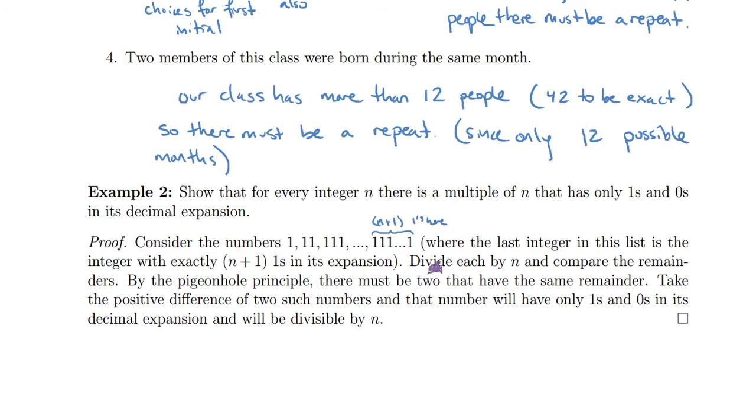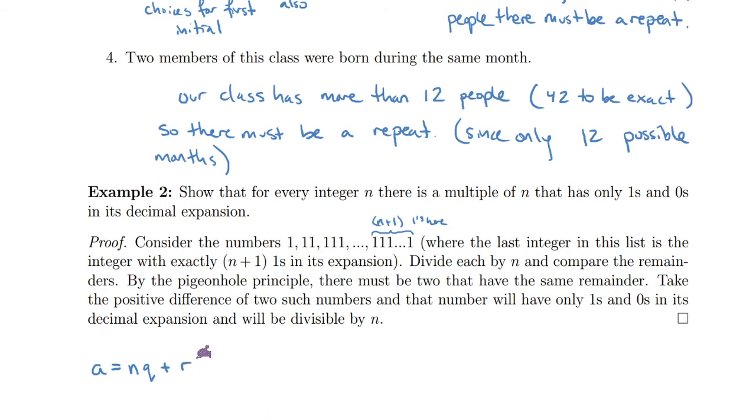Now here's the clever part. If you divide each of these numbers in this list by n, you can compare the remainders. What are the possible remainders when you divide by n? If a is one of these numbers, we know from the division algorithm that you can always write a as n times some quotient plus a remainder.